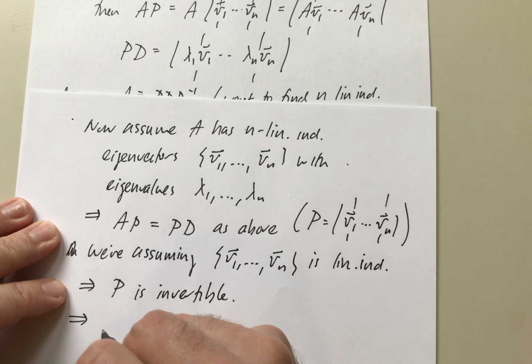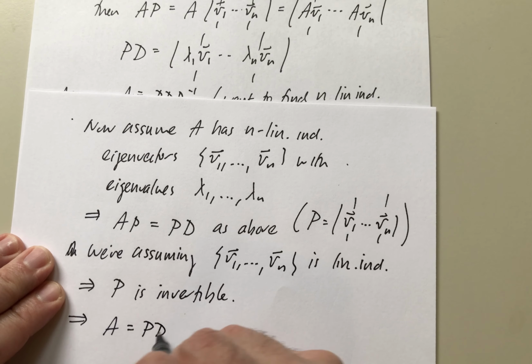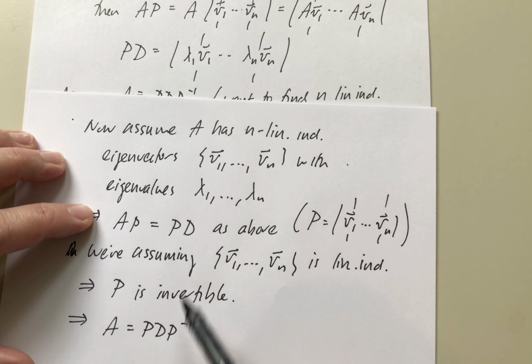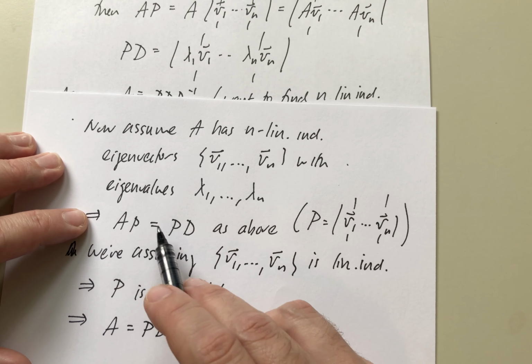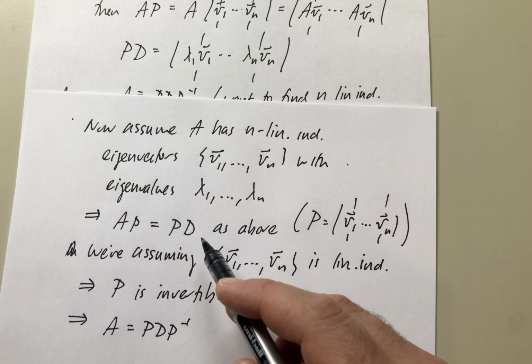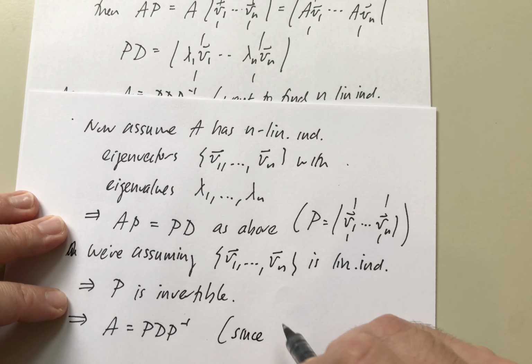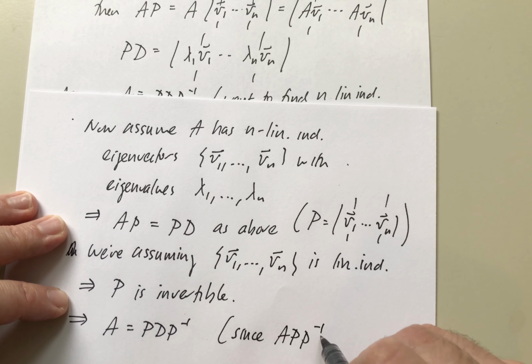So we're done. This implies that, in fact, A equals P D P inverse, because we have this P inverse existing. If I know that AP equals PD, I can multiply on the right by P inverse. So AP P inverse equals PD P inverse.